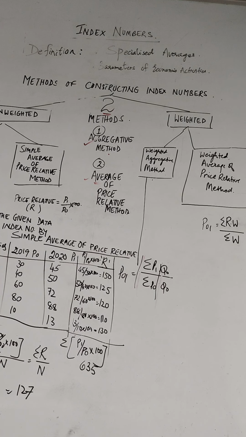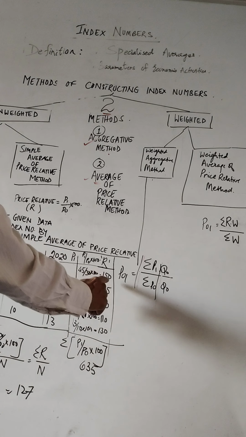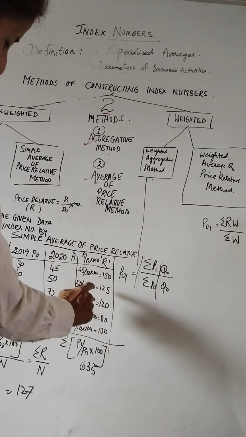So a better way of doing it is the simple average of price relative method, because the value of this index is not affected by the units in which prices of the commodities are quoted. Now the price relatives are pure numbers. Can you see that? 150, 125. So what did we do?